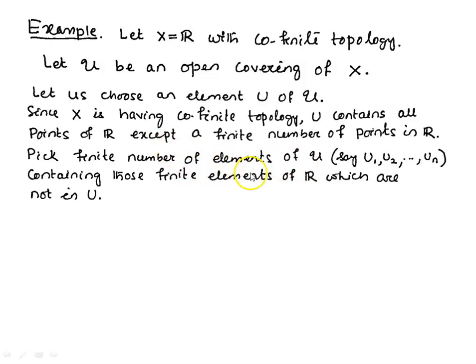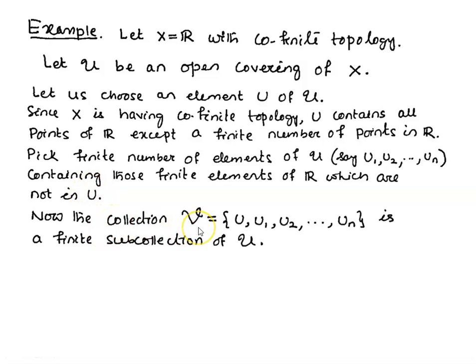So we can pick a finite number of elements from this collection which contain those finite elements of R which are not in this U. Now the collection contains that open set U which we collected first, then the n open sets containing the n points which are not in U. So the first set U is from this collection, and U1, U2, U3 up to Un we collected from the same collection.